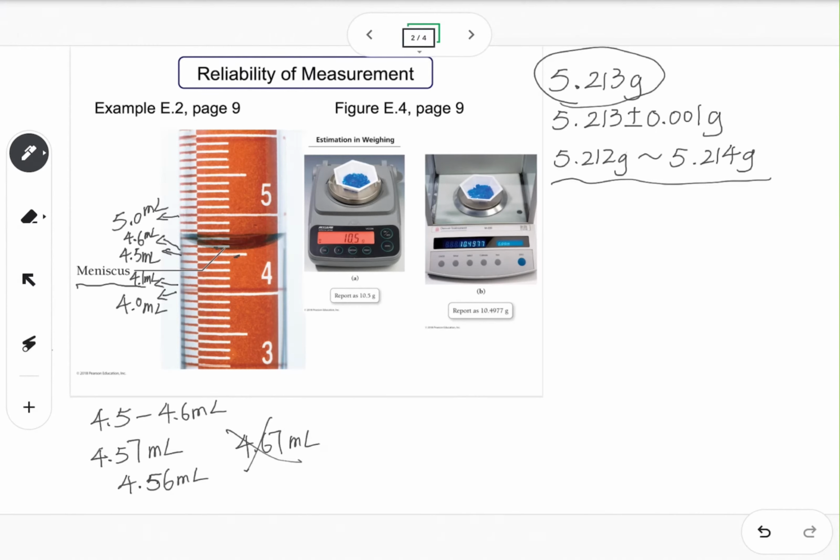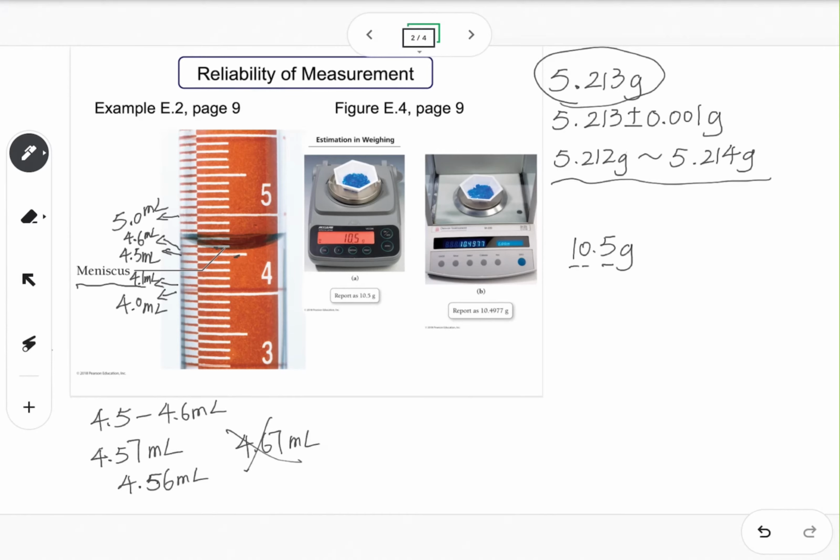All right. Now, on your right side, there are two balances. One gives you the mass of this chemical as 10.5 gram. Again, 1, 0, they are certain. 5 is an estimation. We didn't do the estimation. The balance did it for us.